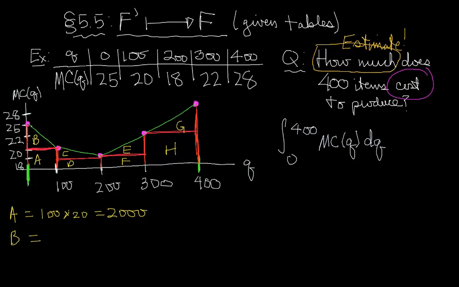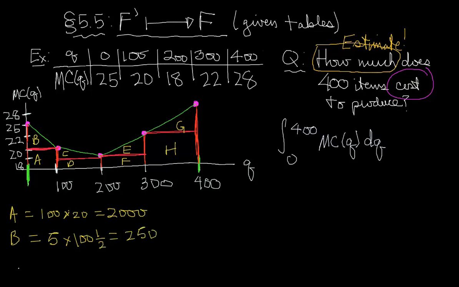We have 25 down to 20, so that's 5 times 100, but I have to divide by 2 because it's the 1/2 base times height formula of a triangle, and we get 250.